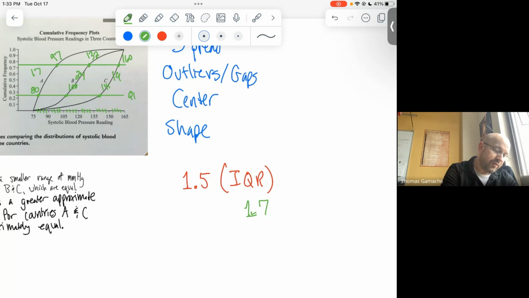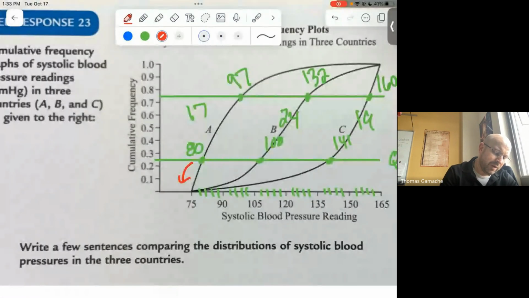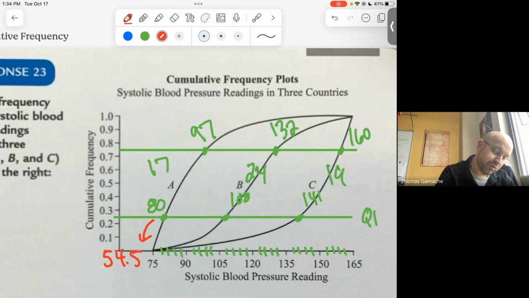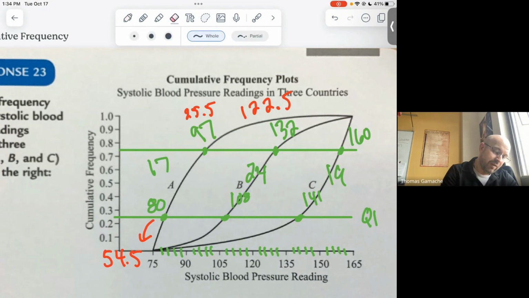So I can take 25 and a half, subtract that from 80, and that gives me a low outlier of, I'm approximating here, 54 and a half. Add that to 97, that's 122 and a half. I should be using a calculator for this, but I'm approximating it just so I can keep things moving. You don't have to keep watching me use a calculator. So anything on the lower end or the higher end here would give me possible outliers.